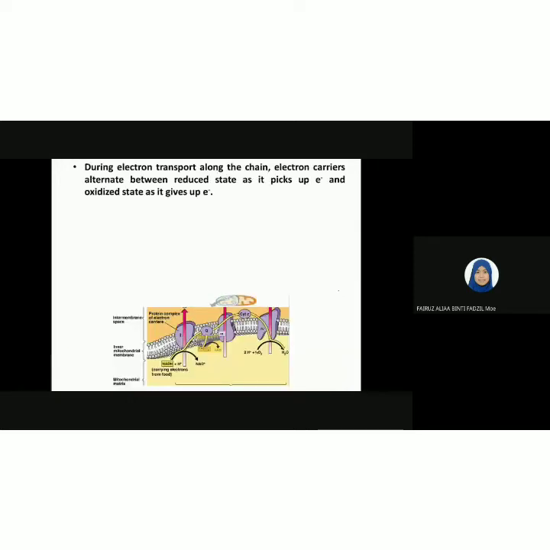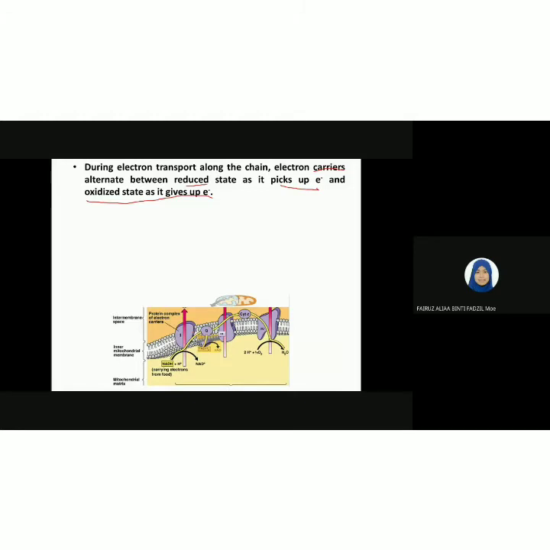So what happens while the electrons are being transported along the chain? During electron transport along the chain, electron carriers alternate between reduced, as they pick up electrons, and oxidized, as they give up electrons. The electron transport chain is the chain where all these electron carriers accept electrons.